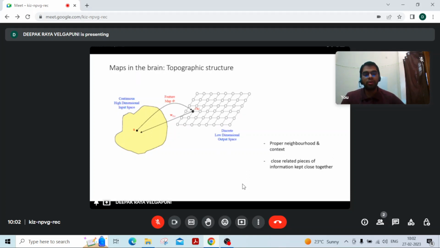To make sense of the real world, neighboring points in the real world should correspond to neighboring points in the cortex, so that they still have intact topological structure. So basically the main aim of a map is to maintain this topological structure.